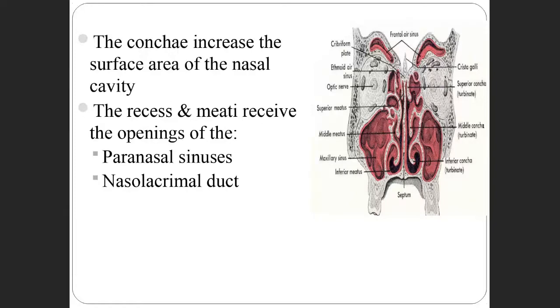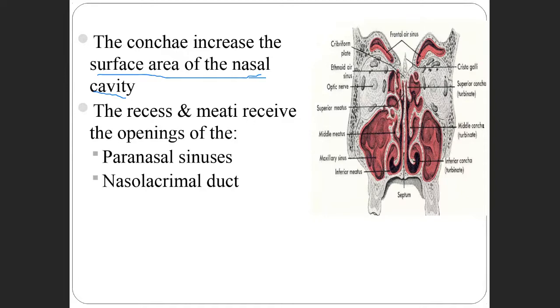We are breathing regularly, and this breathing increases the need for more space. So these conchae help increase the surface area of the nasal cavity.